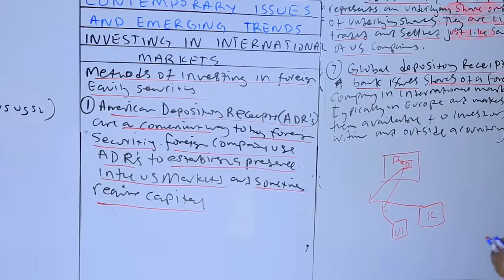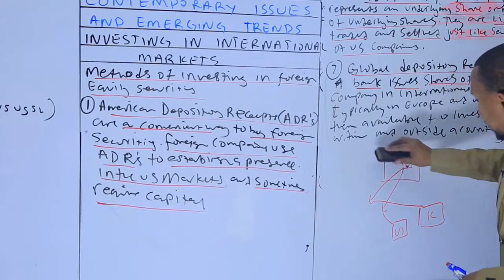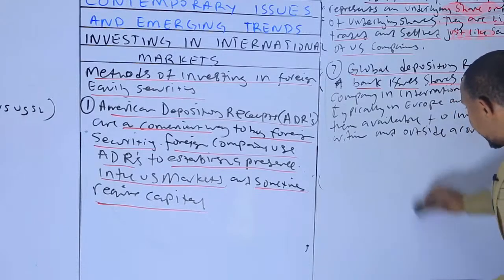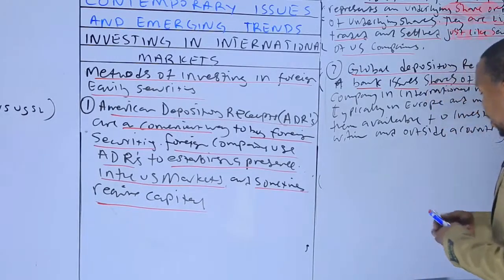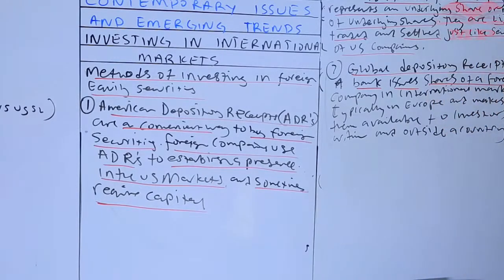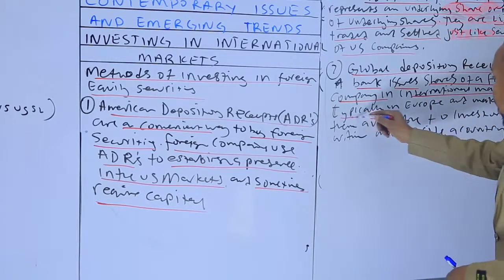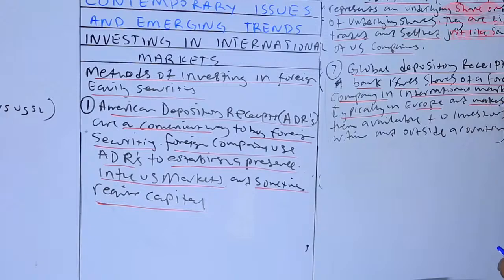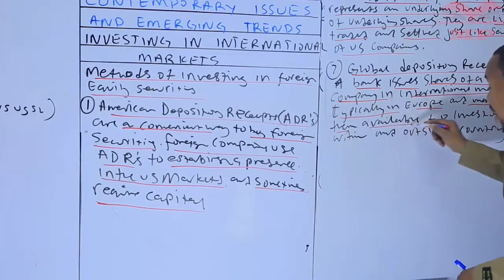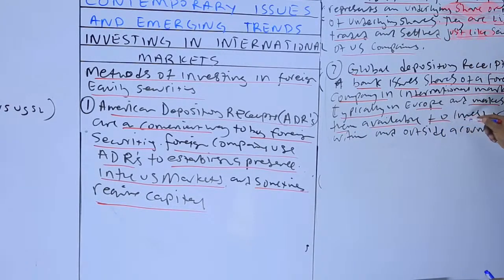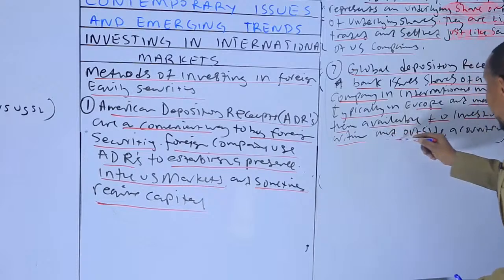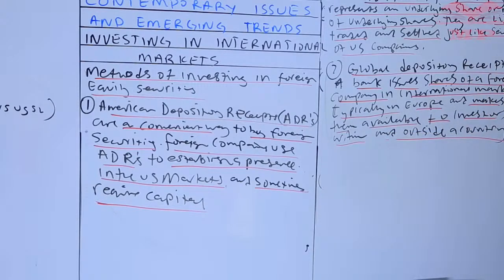So that's a simple way of how to invest in foreign securities. A bank issues shares of a foreign company in international markets, typically in Europe, and makes them available to investors within and outside a country.